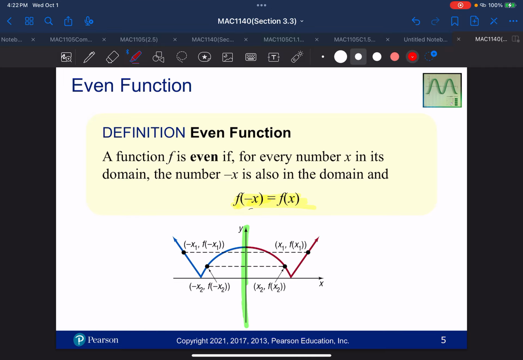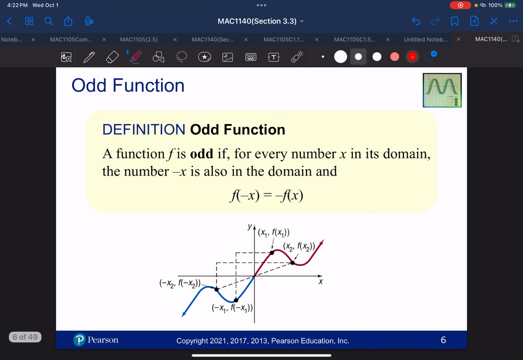And whenever it says for every number x in its domain, the number negative x, if you look at these points down here, the one on the left would be negative x, and then f of negative x, and the one on the right would just be x, positive x, and then f of x. They would have the same y value right there, but the x values would just be negative versions of each other.